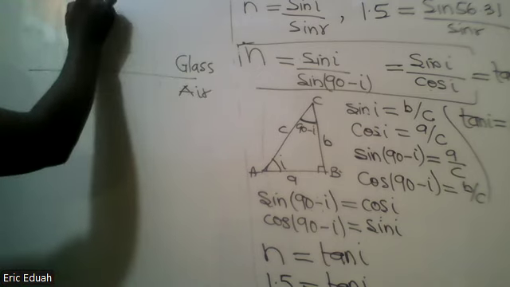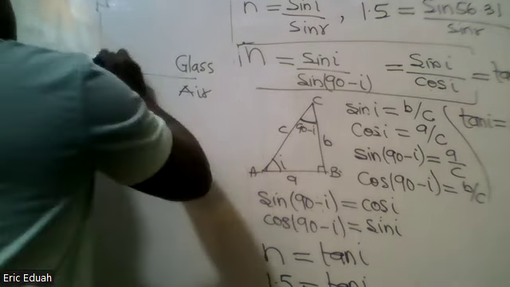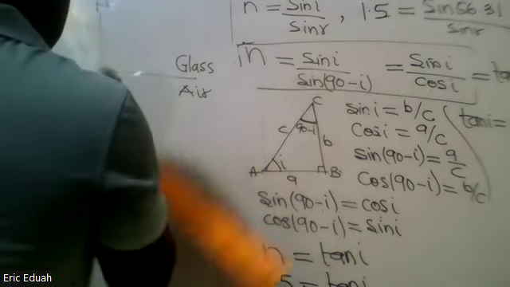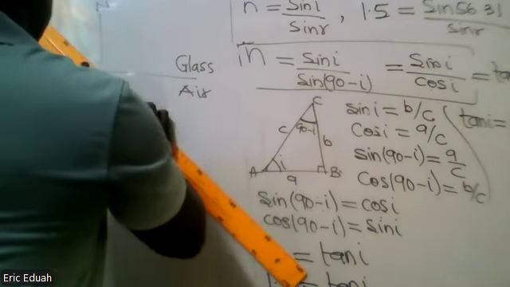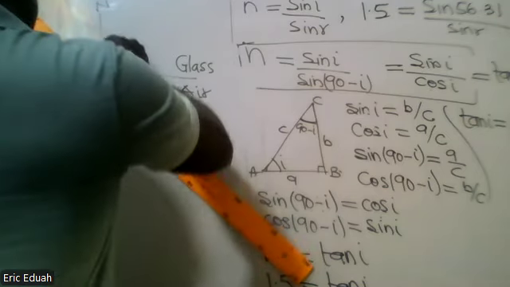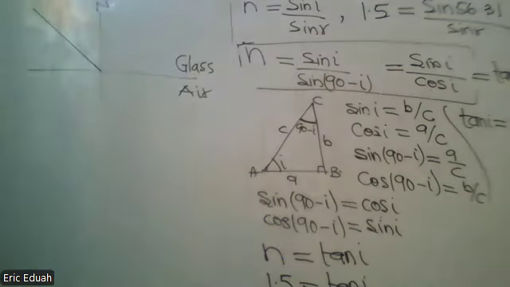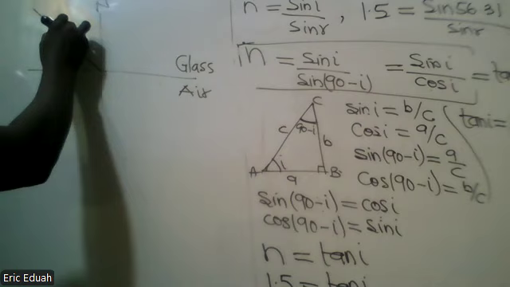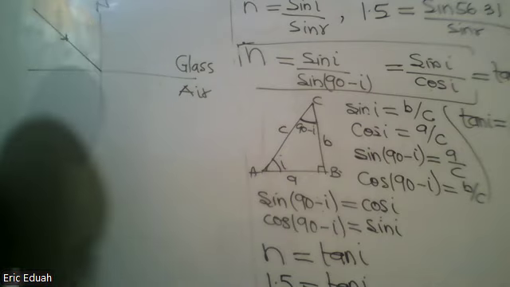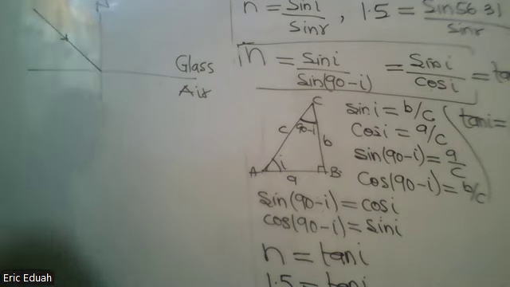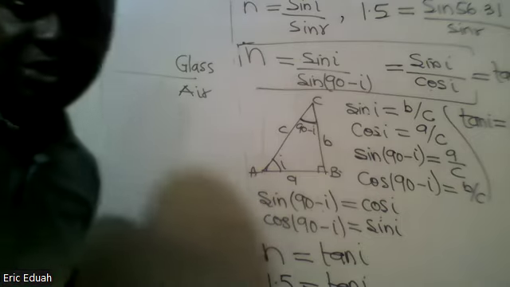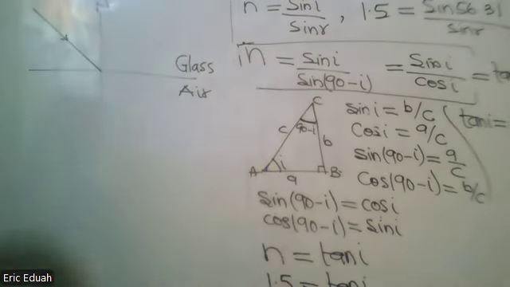This is based on the concept that whenever light hits a boundary that is a transparent body, part of the incident light is reflected and part of the incident light is refracted.